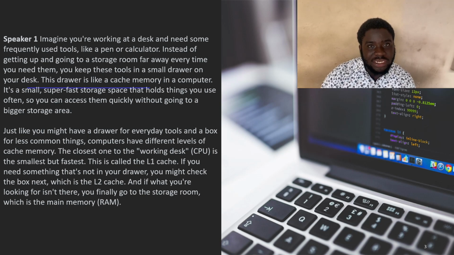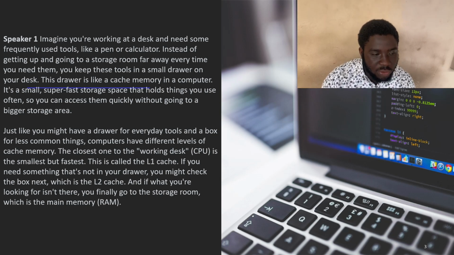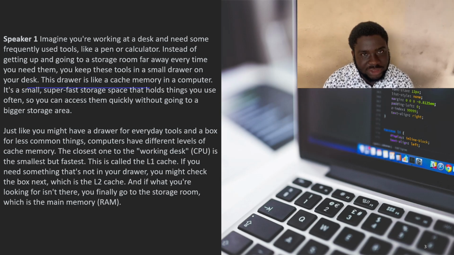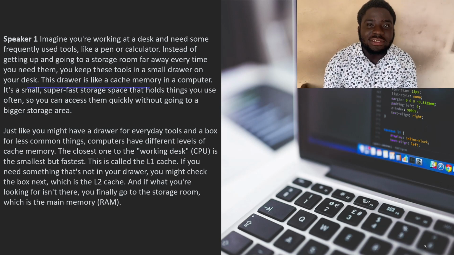Every time the computer needs information, it first checks the cache memory. When you make a request for information, it goes to the cache memory to check if what you need is there. So the drawer is like the cache memory.